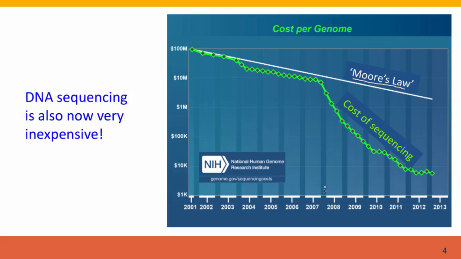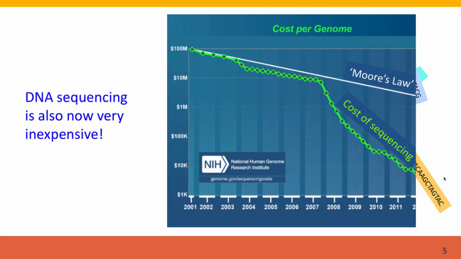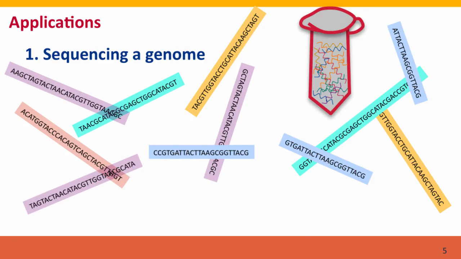So for the first 6 or 7 years, the cost of DNA sequencing decreased dramatically, roughly at the same rate as the cost of computing power. And then, starting in about 2007, it plummeted. And now it's back to still decreasing dramatically, but only at about the rate of Moore's Law. So DNA sequencing has become very cheap. Well, cheap for science. Nothing in science is really cheap.